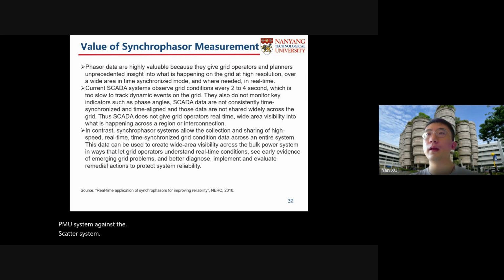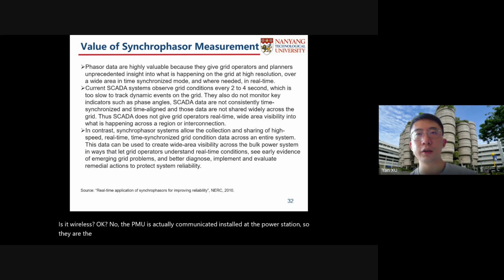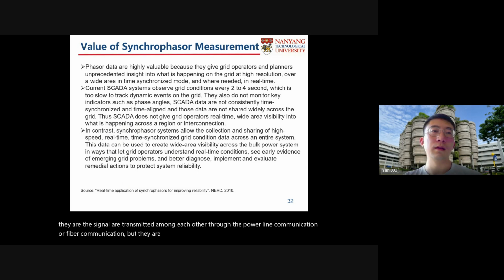Is it wireless? The PMU is actually installed at the power station. The signals are transmitted among each other through power line communication or fiber communication, but they are synchronized by GPS.